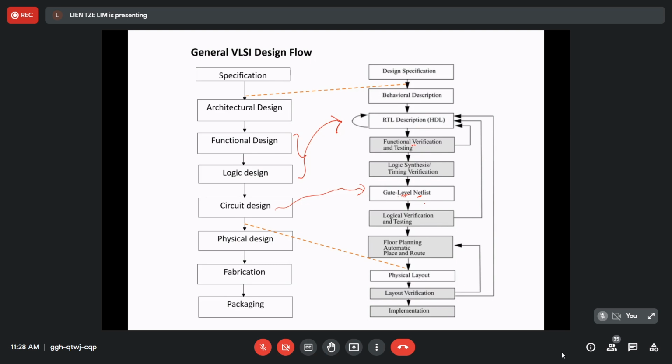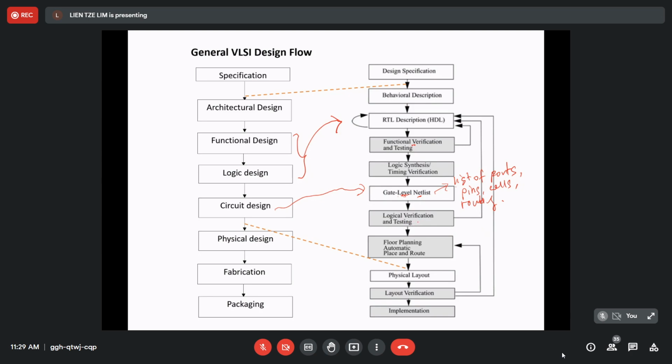A gate-level netlist normally contains the list of ports, pins, cells, and routing. After the netlist is obtained, it can be used to perform logical verification and testing.